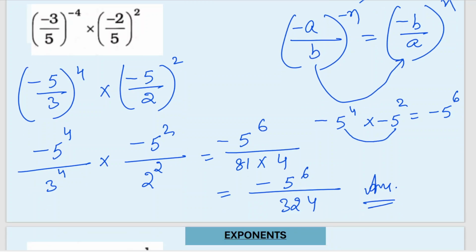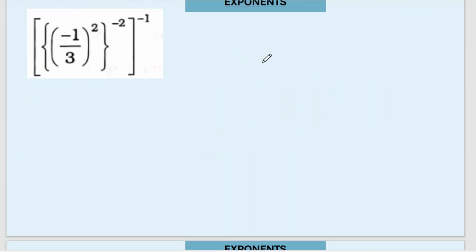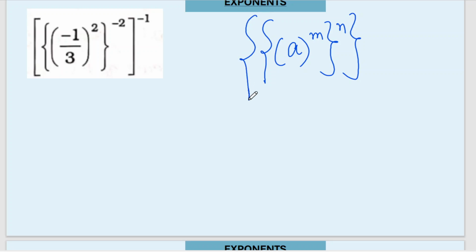Okay, now the next question: minus 1 by 3 in bracket to the power 2, to the power minus 2, to the power minus 1. What happens? Suppose I have a number a to the power m, whole to the power n, again whole to the power k.